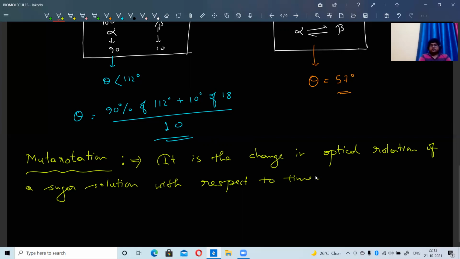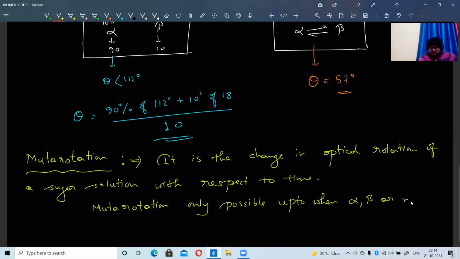Okay, now mutarotation is only possible up to when alpha and beta are not in equilibrium.